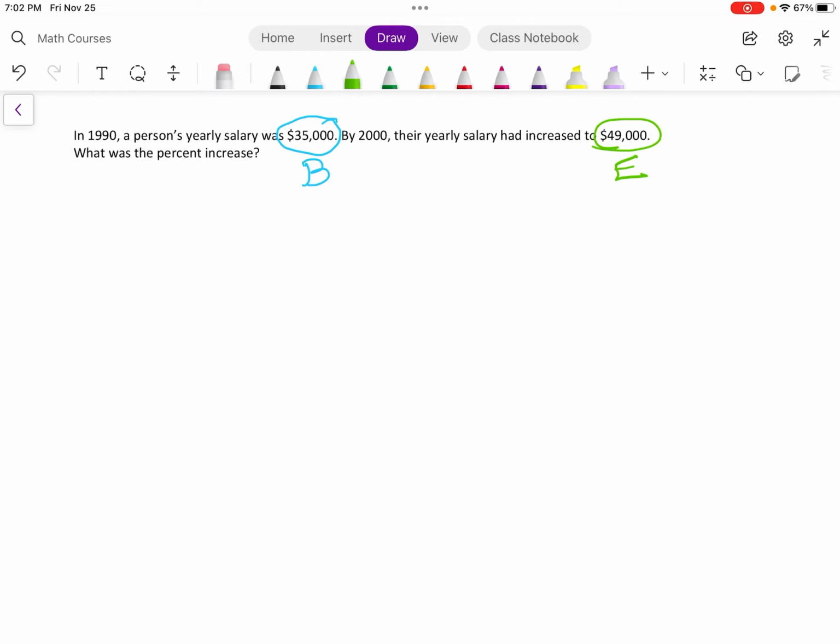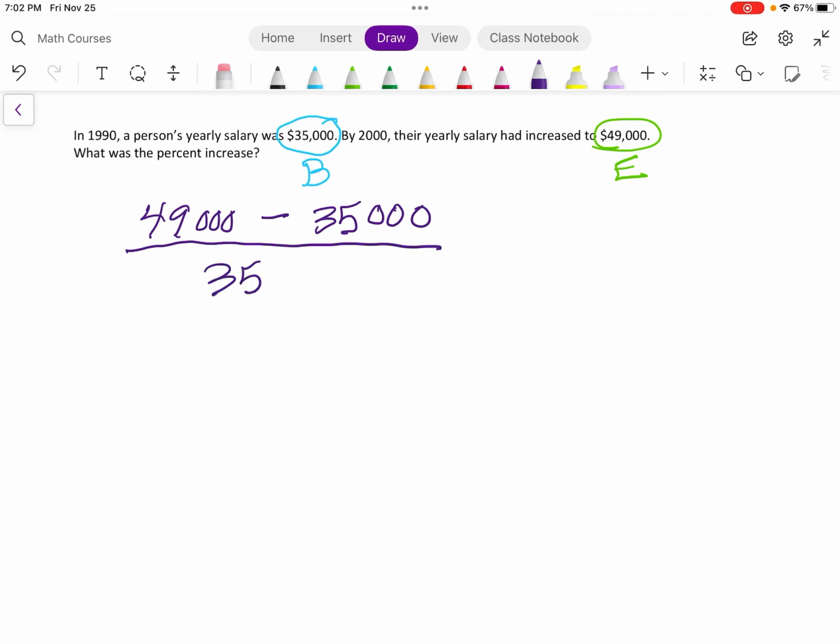So this is also an increase. We start at one amount, end in another amount. So we take our ending amount and subtract our beginning amount. And then divide by our beginning amount. Again, we're using the same formula I gave you at the first.